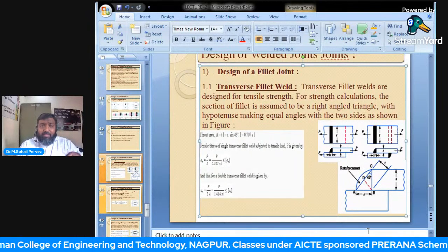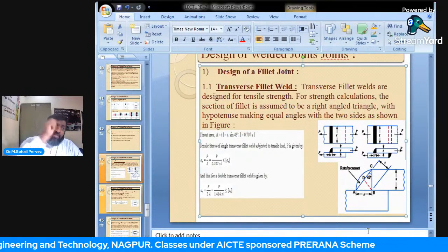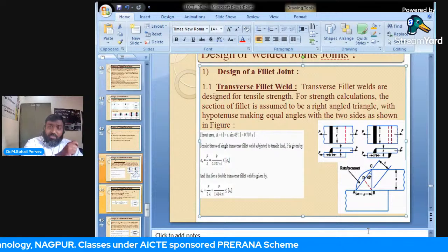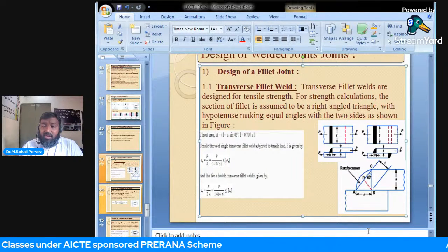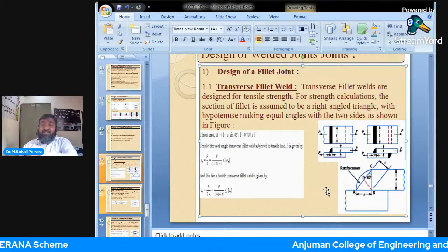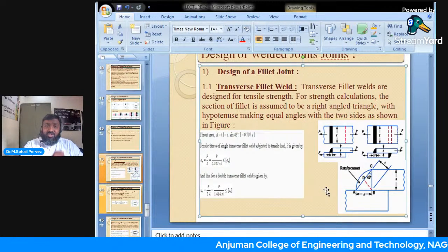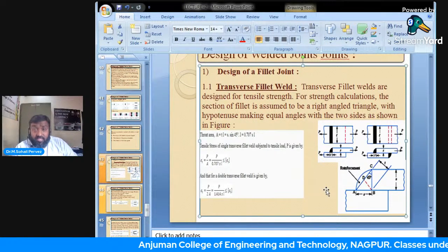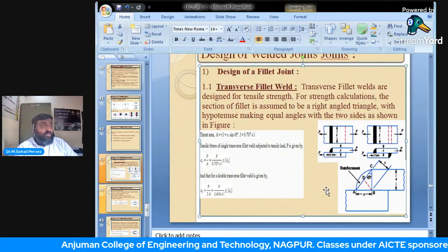Again we go for a chipping hammer, remove the slag, and put a second weld deposit on the joint, known as reinforcement, and it gives us additional strength to the joint.